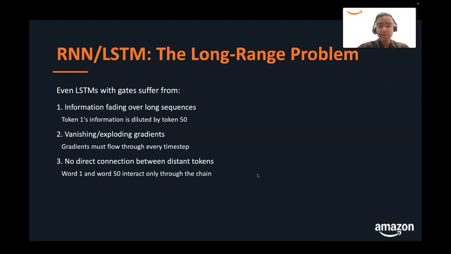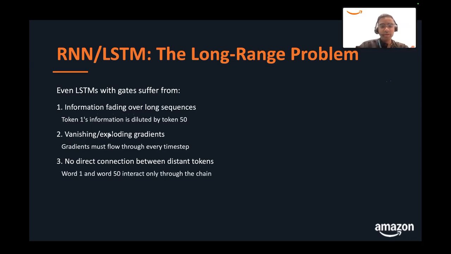And another, third disadvantage is that if we are getting a connection or relationship between any two tokens, it's not a direct connection. The connection comes just because the previous token had a connection with it, and the previous token has a connection with it because the previous one has it, because the previous one has it.